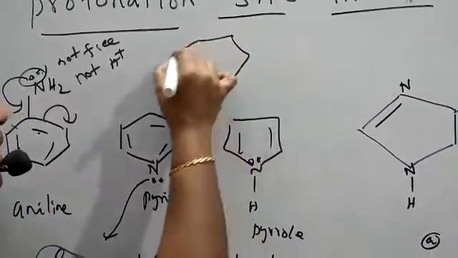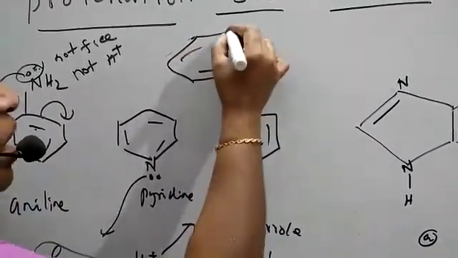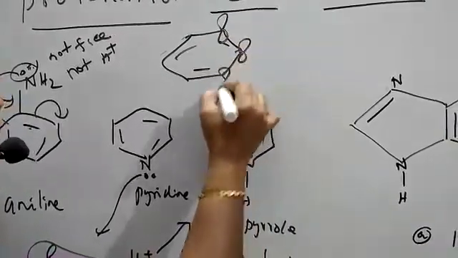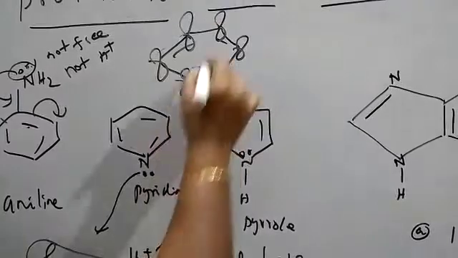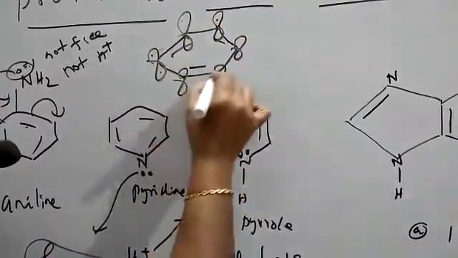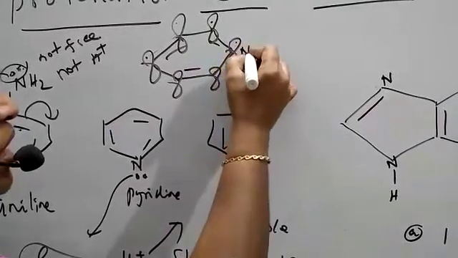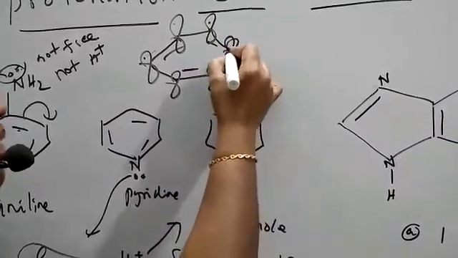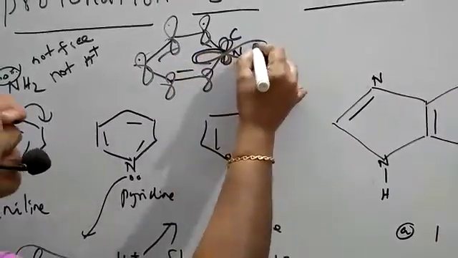Now let us see the same ring. On each carbon atom, the p electrons are available in this plane, so all have one electron each. Here it is the p orbital of carbon, whereas the nitrogen's lone pair is available here.